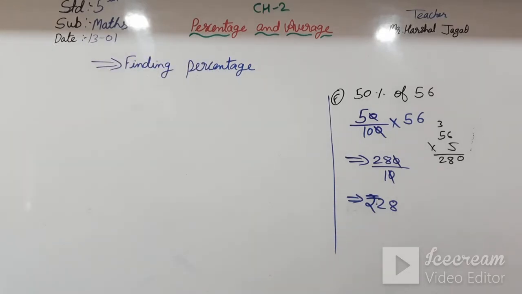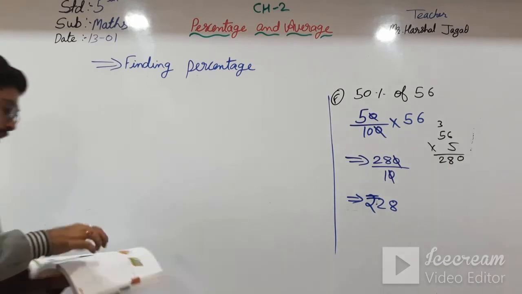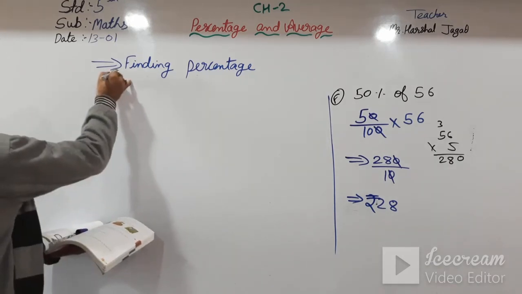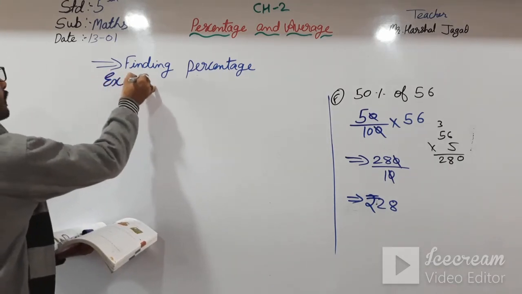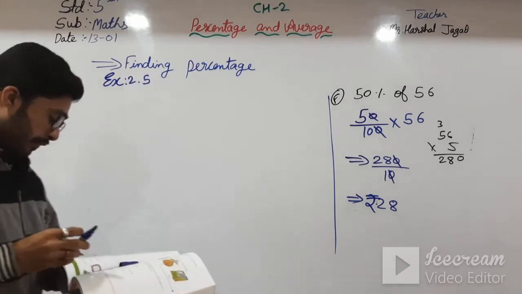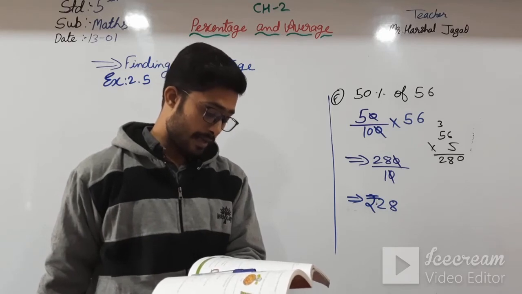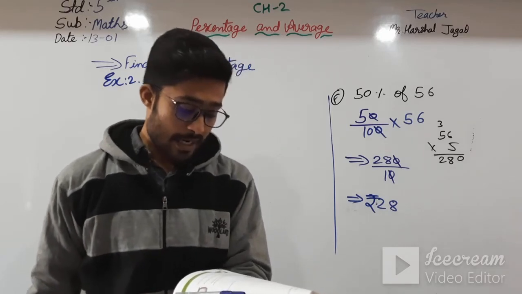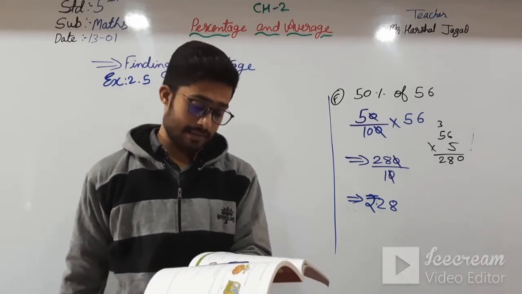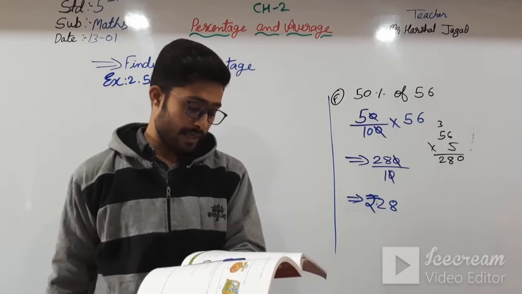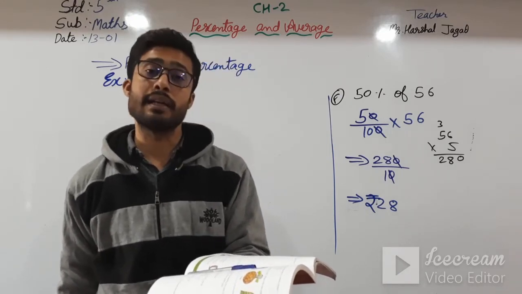Exercise 2.5. First we will do the second one, that is, in one day a child spends 9 hours sleeping, 2 hours eating and 7 hours in school. What percentage of the day is left for other activities?